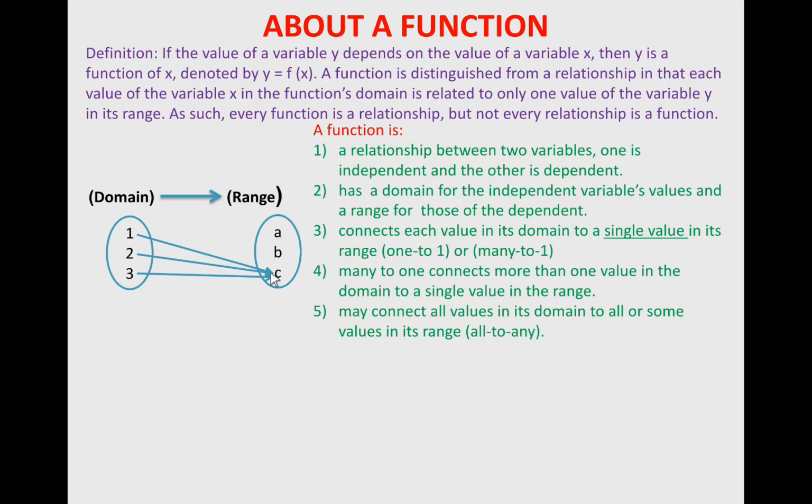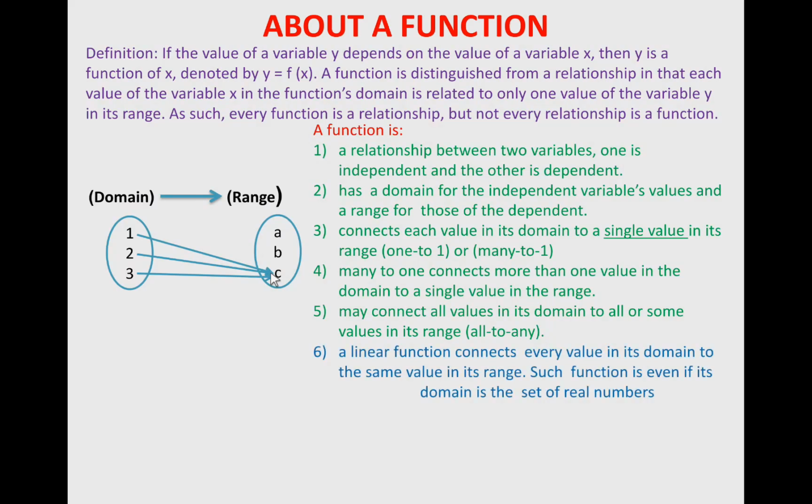And this is a special function. It has special characteristics, and this could be a linear function. This actually is a linear function. A function that is linear, we will talk about later on. It connects every value in its domain to the same value in its range.